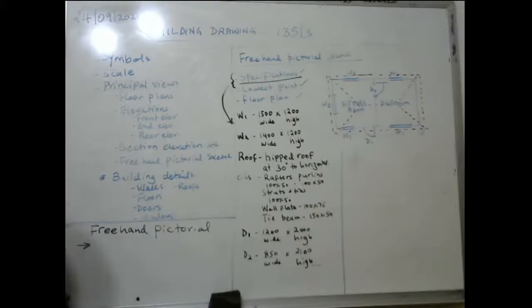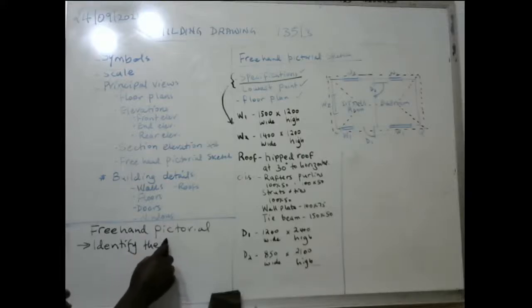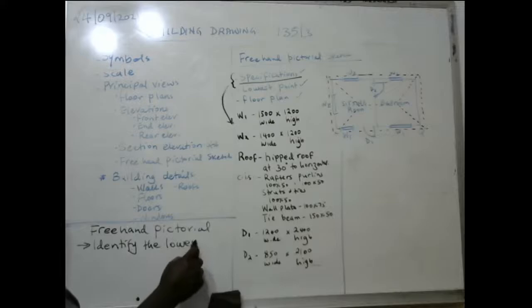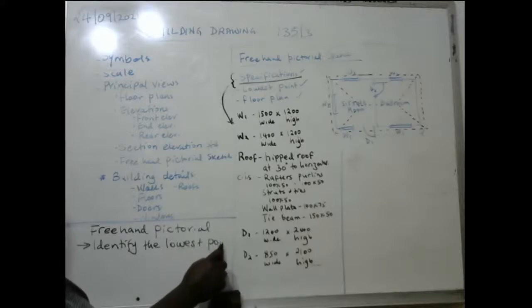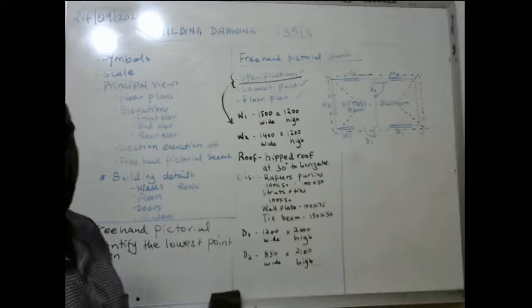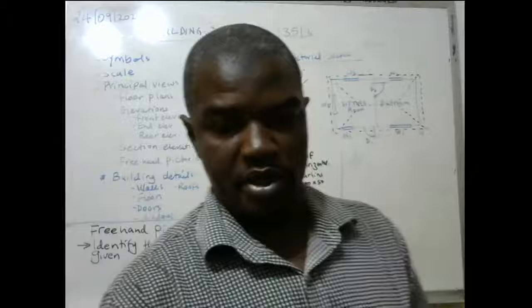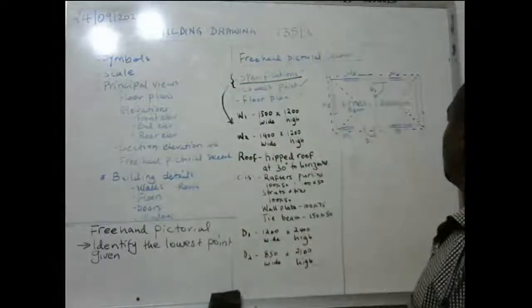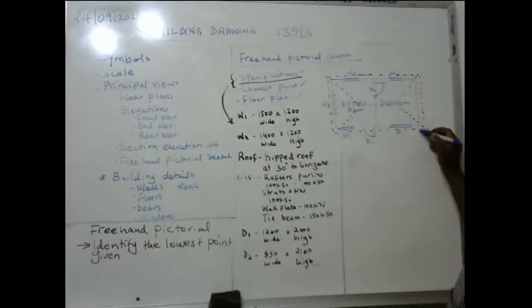first, if you are to make a good freehand pictorial, one thing is that you must identify the given lowest point. For this case, we have been given the lowest point as point Q here.